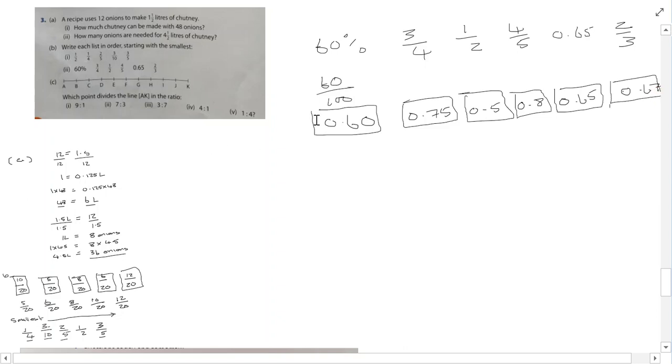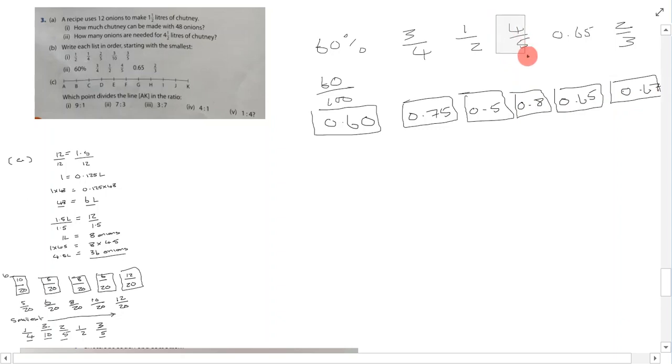Okay, so which one is the biggest? The biggest one is going to be the number which has the highest decimal value. So this one here is the biggest, as 4 over 5 as a decimal is 0.8.